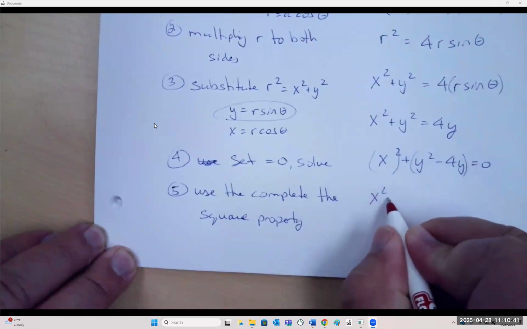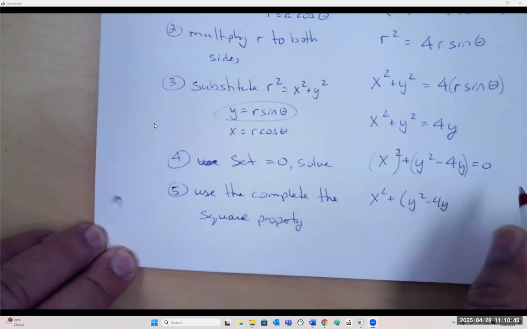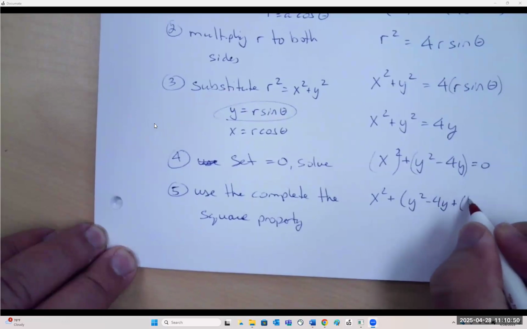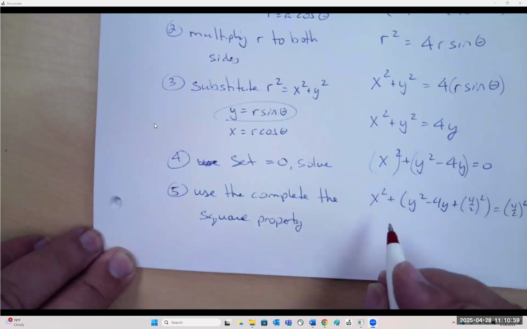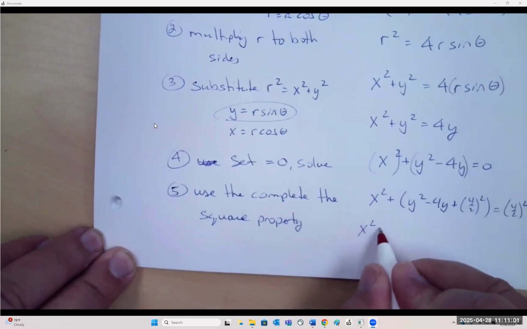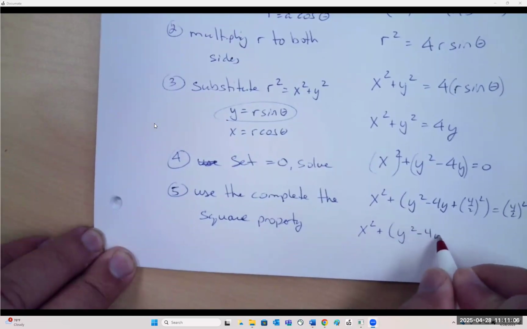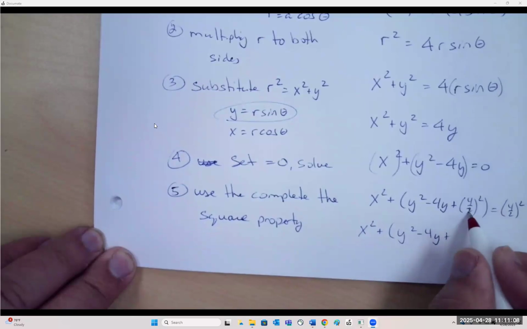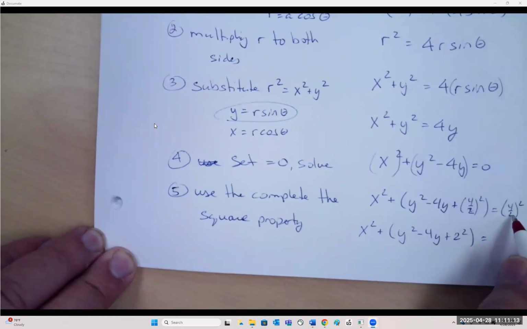So we have x squared plus y squared minus 4y. We have to add b over 2 squared. So we have to add 4 over 2 squared to both sides. Only do inside the parentheses, so it's 2 squared. On the right-hand side, work it all the way out.